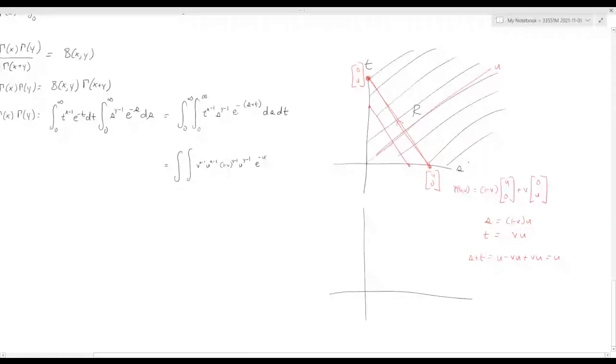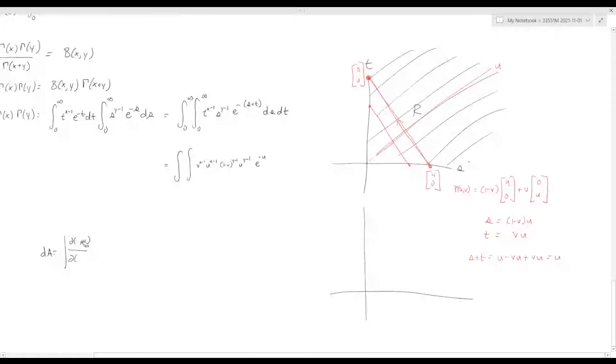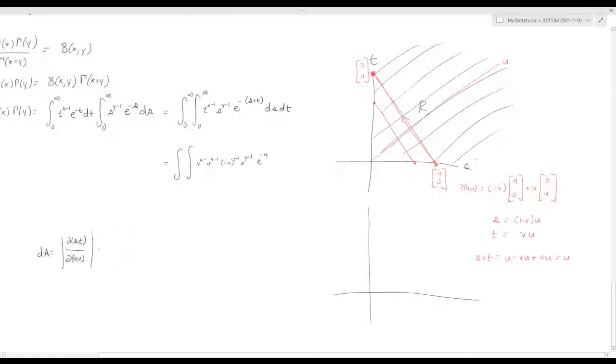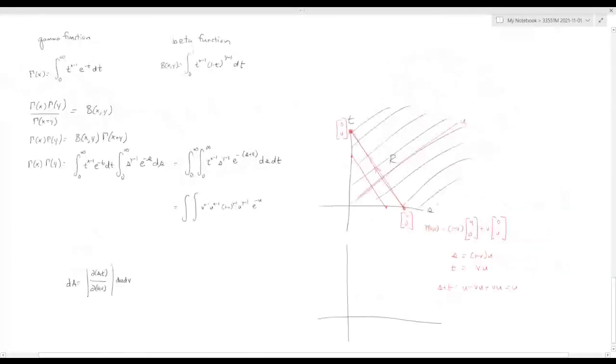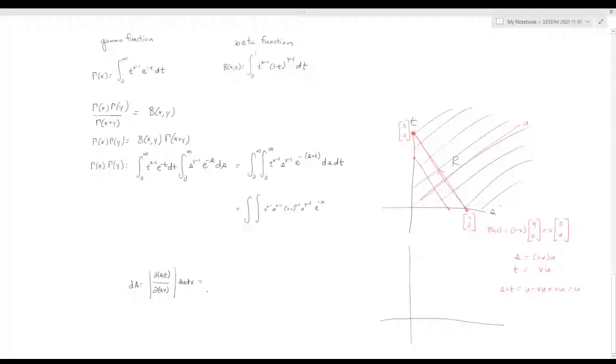Now we have to compute the differential area element. The derivative of s with respect to u, with respect to v.